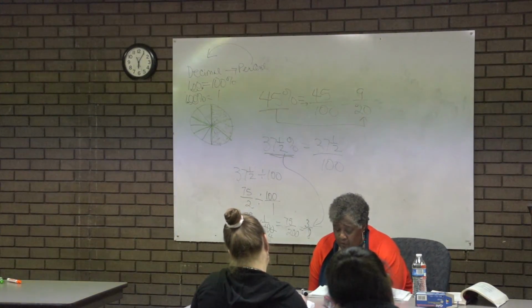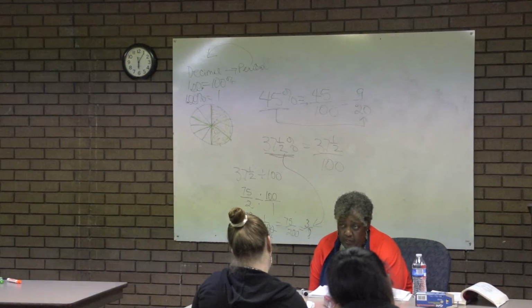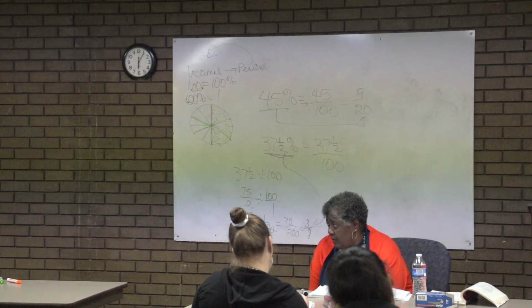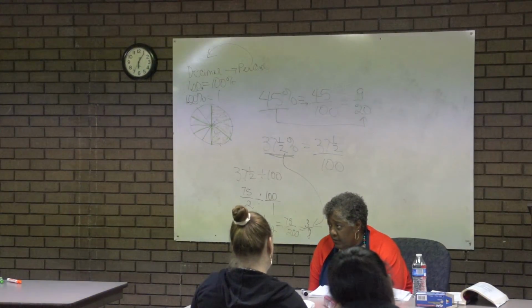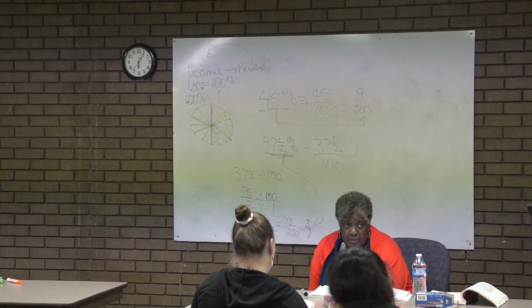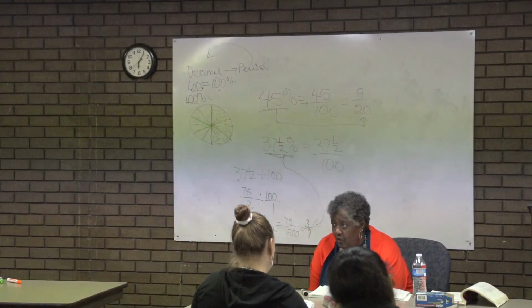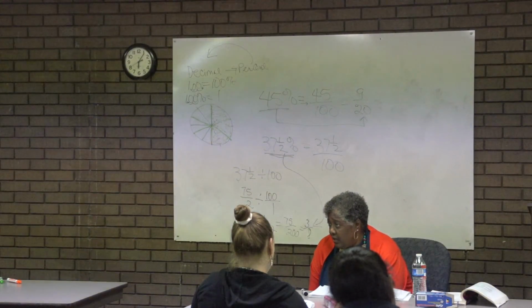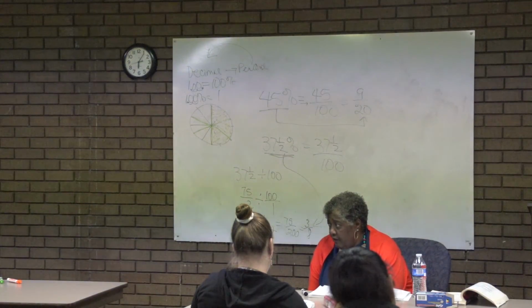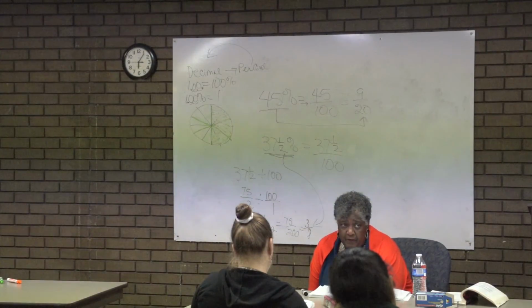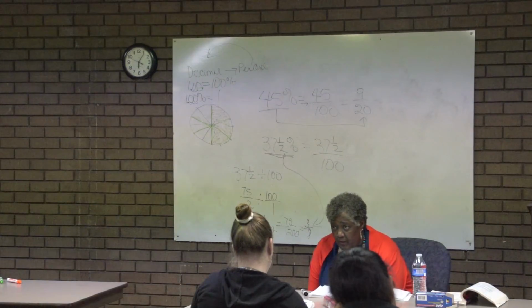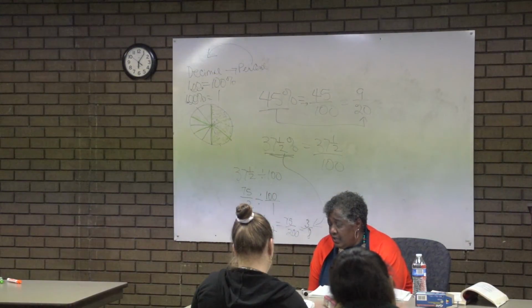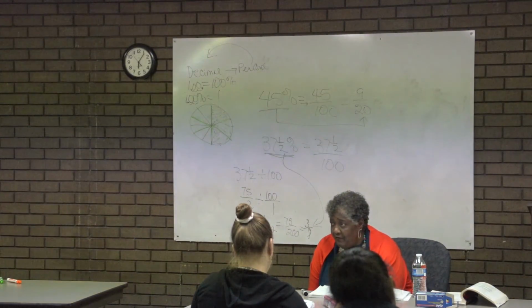Flip the second one upside down, which would be 1 over 100 now. So now you have 250 times 1 is 250, and 3 times 100 is 300. So you have 250 over 300, which has to be reduced. 50 goes into both of them evenly. 50 will go into 250 5 times, 50 will go into 300 6 times, so it reduces to 5/6.